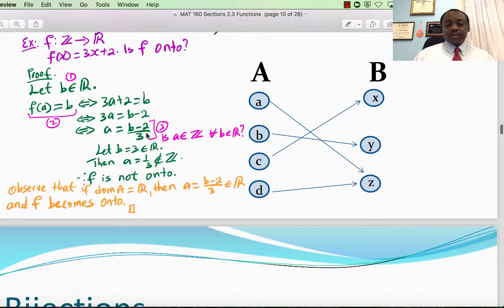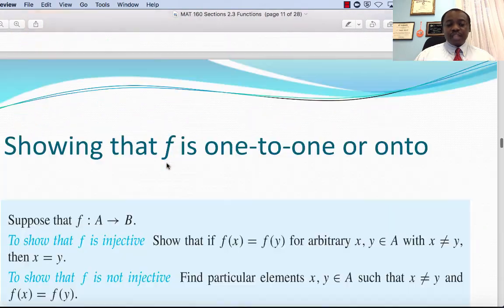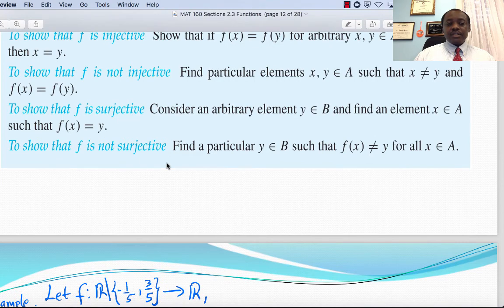To show that it was not surjective, we picked a particular element from the codomain. In this case, we picked a 3, and we got a to be 1/3, which is not an integer. So for the element 3, there is no a in the domain such that f of a equals b. That is how you prove that a function is not surjective.